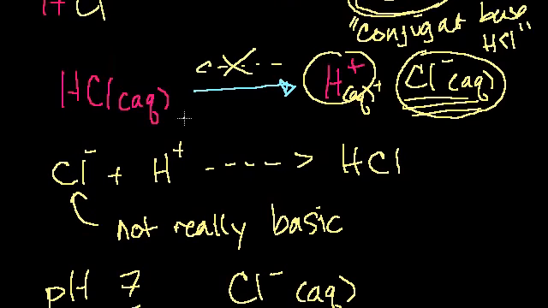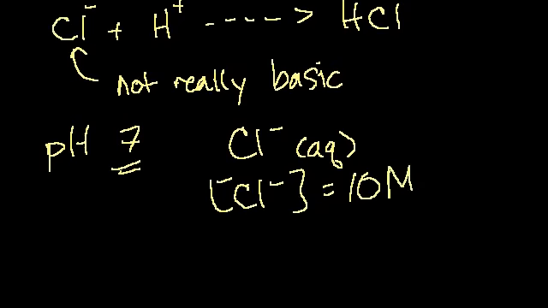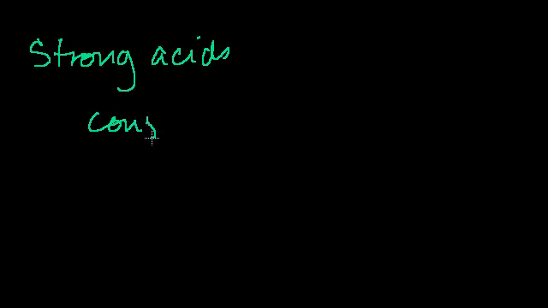Now, obviously, if you put hydrochloric acid in an aqueous solution, this will change it because you're going to be dumping all of these hydrogen protons into the solution. So in general, you can kind of remember it, but I think it's maybe common sense that a strong acid's conjugate base is neutral in water.